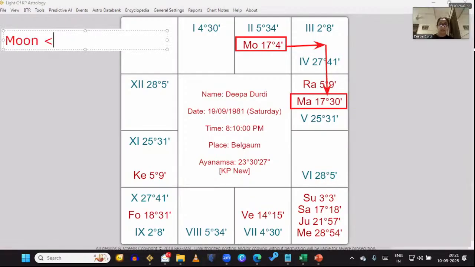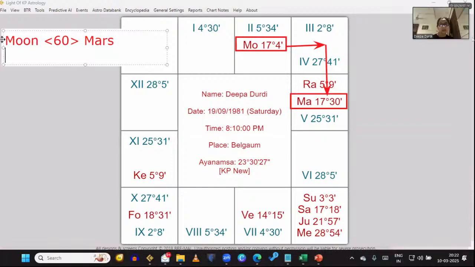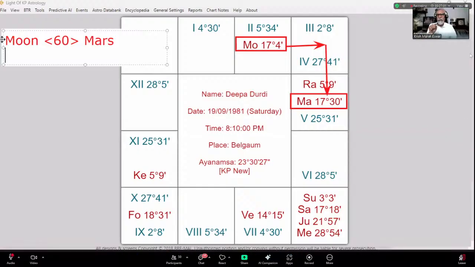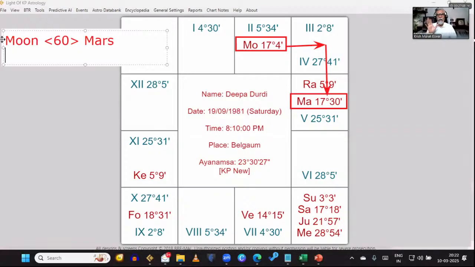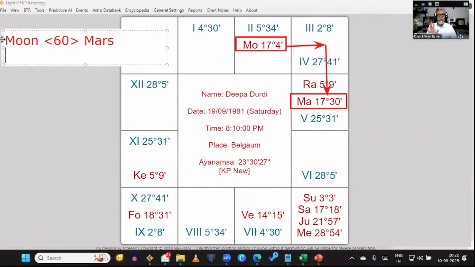Both are at 17 degrees. 17:04 in Taurus, 17:04 in Gemini will be 30 degrees. From Gemini to Cancer will be another 30 degrees, 60 degrees. Clear?